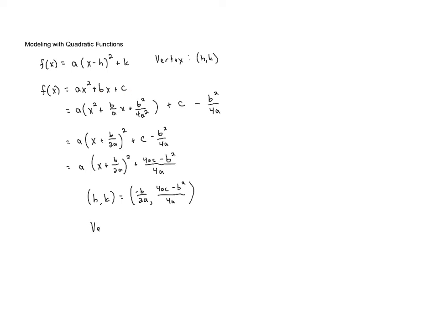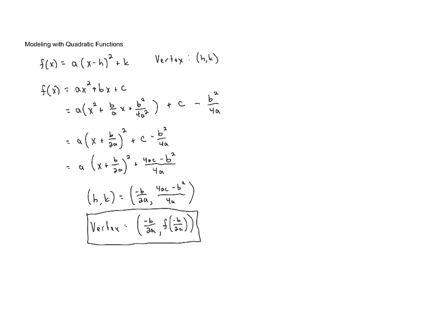So here our vertex is going to be the opposite of b over 2a, that's the x-coordinate, and to find the y-coordinate, we just evaluate the function at whatever that value is. So this is a shortcut for us to find the vertex of a quadratic function. And remember that this is going to help us find the maximum or minimum value for our quadratic function.